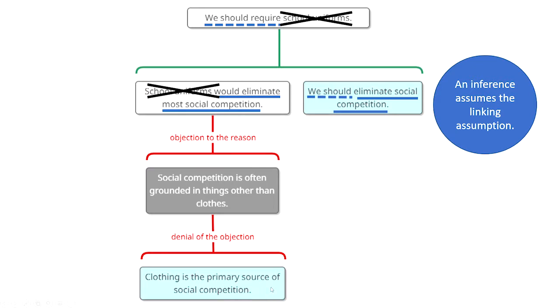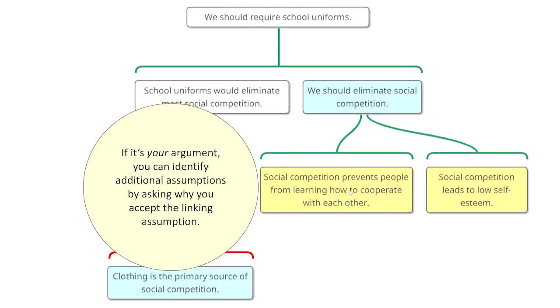So if you were giving me this argument, I could see that the claim that clothing is the primary source of social competition and the claim that we should eliminate social competition are in some sense contained in your reasoning. Whether or not you realize it, it's there. These other missing premises or hidden assumptions are reasons to believe that linking premise.